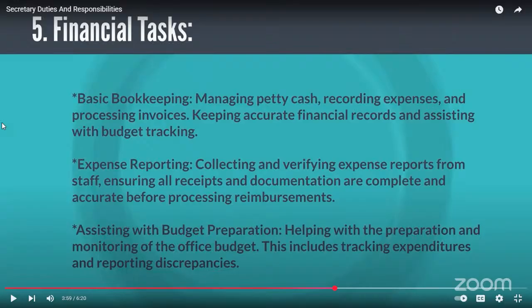Discrepancies are basically the flaws, mistakes or gaps that do not show up in the report in front of you. For example, maybe the expenses were supposed to be 10,000 but they are somehow coming to 12,000 or 15,000, so what was the reason for that? There is a budget which is prepared and she or he has to be part of it, right? So this is how it happens.